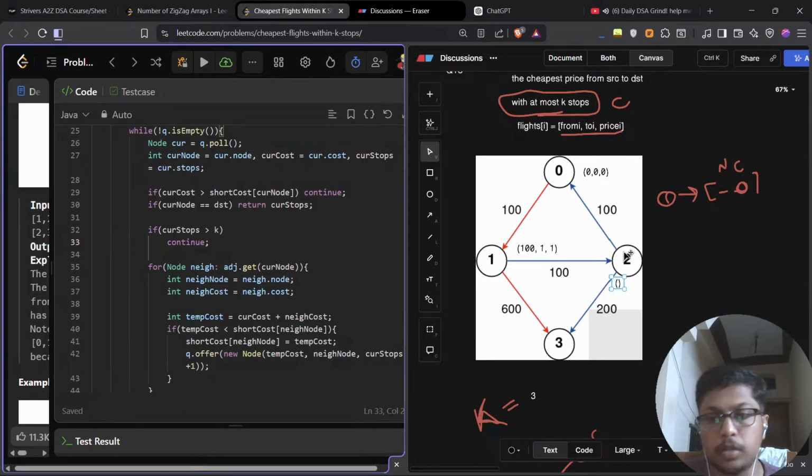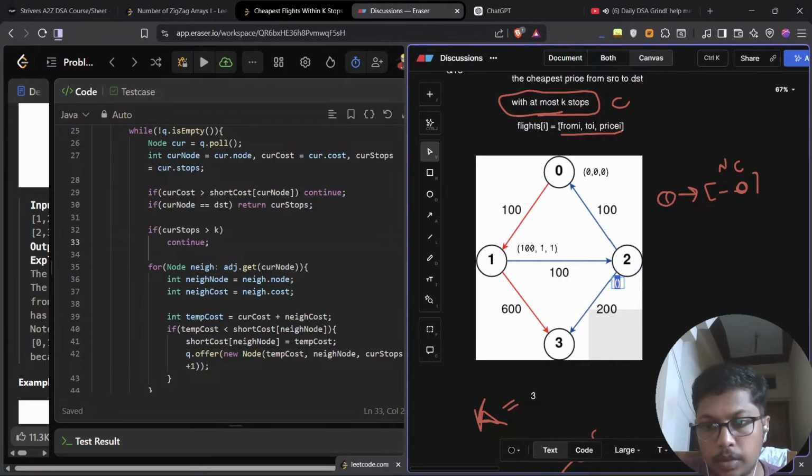Okay, if I go inside it, it becomes 200, and the node becomes 2, and the thing becomes 2 steps. But when it tries to click before and unplug, because it's not the destination, we know the number of steps, so we try to remove this one, exploring this one.